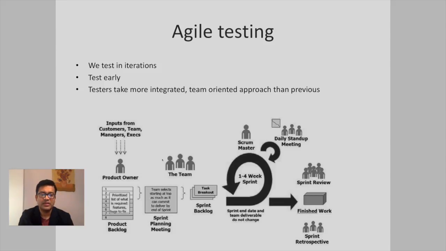Post the completion of all the steps in an Agile environment, there is a sprint retrospective meeting where everybody from development, designing, project management, as well as the testing team, sit together and discuss what went right and what went wrong, what things can be improved, plus what the accomplishments are. So everything is discussed over there.